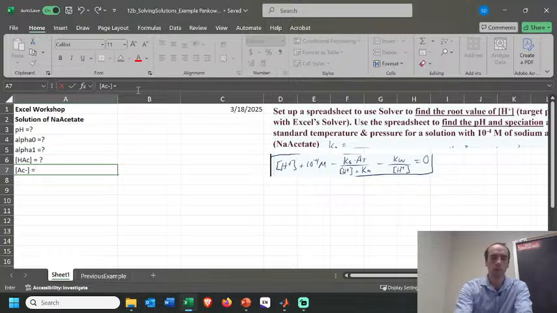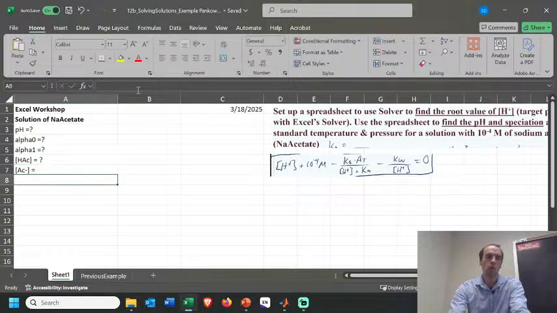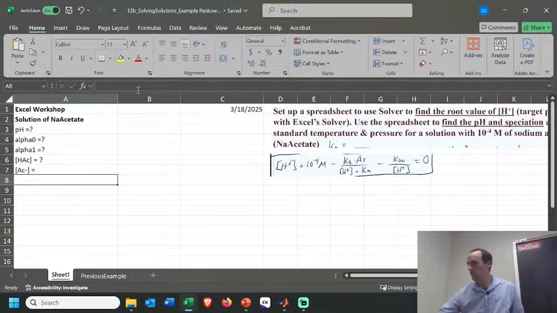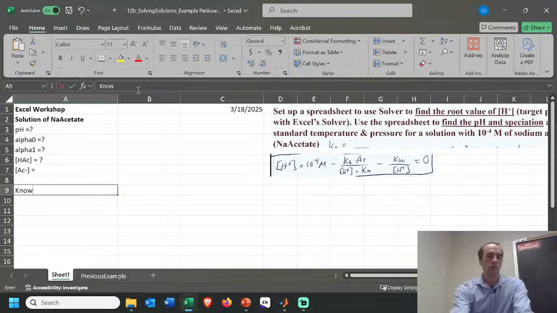And I'm probably going to put spaces for these later. I'm just kind of writing down what I want to find eventually. Okay, so then we have some knowns.